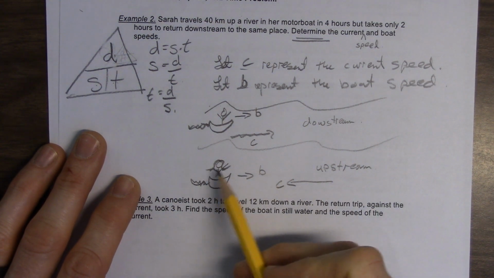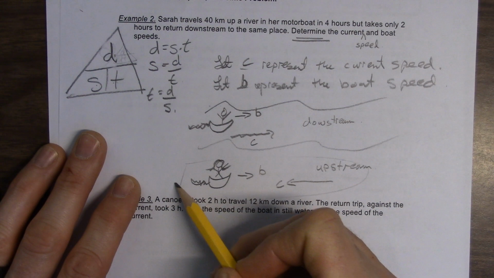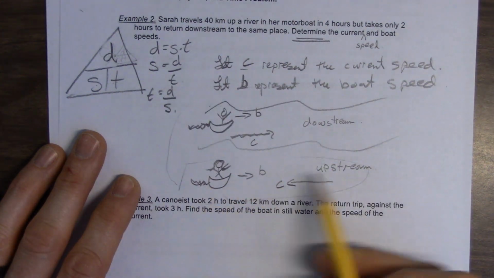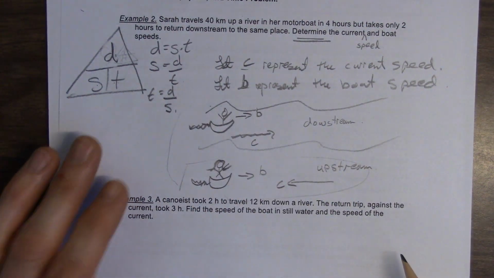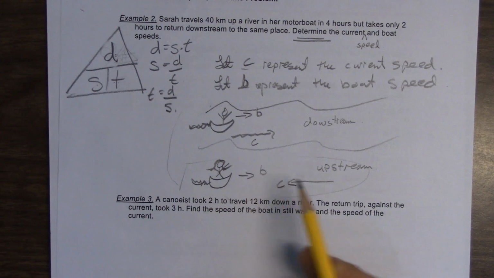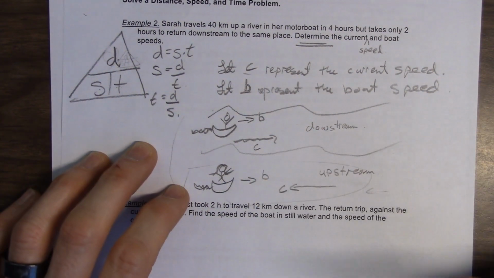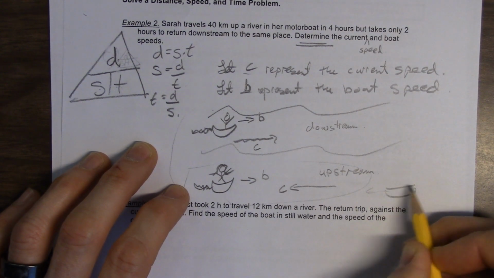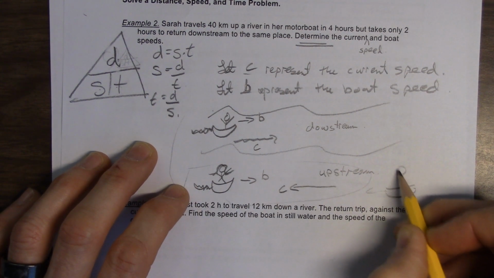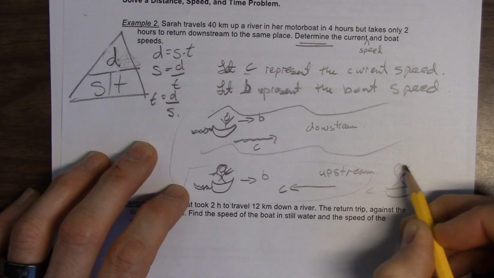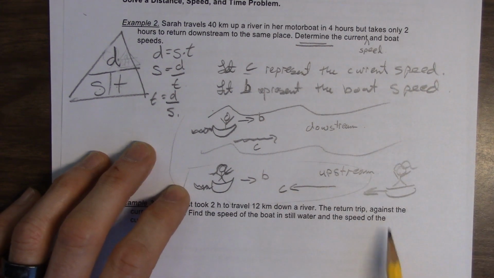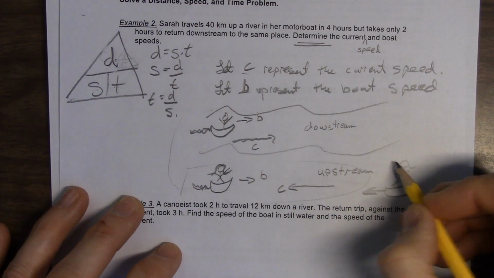So actually, I probably should have drawn this one first because that's what she did first, and then she went back downstream. Okay, so she's actually going like this and then coming back downstream. Oh yeah, it is Sarah. So when she travels this way, she's going downstream. That's downstream.